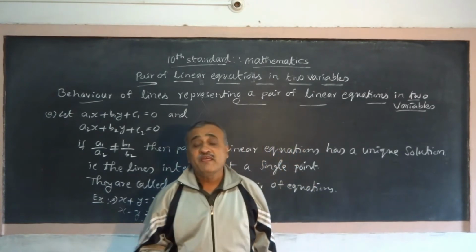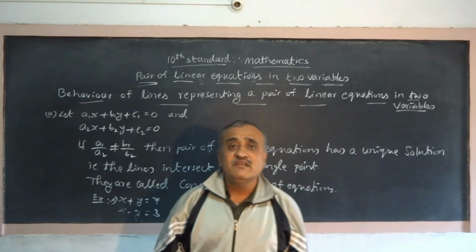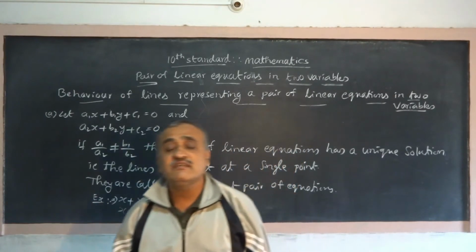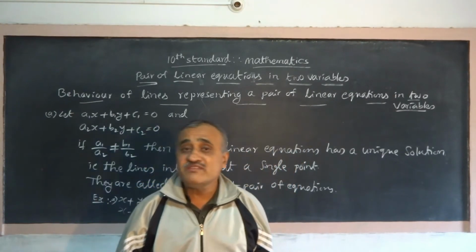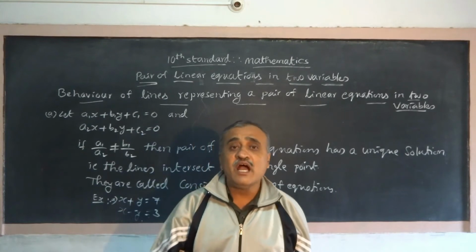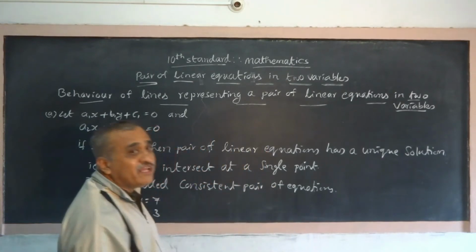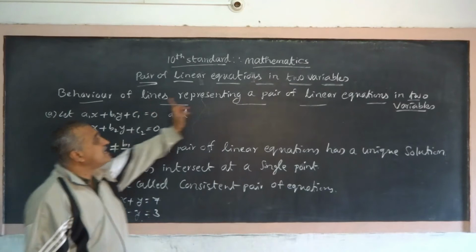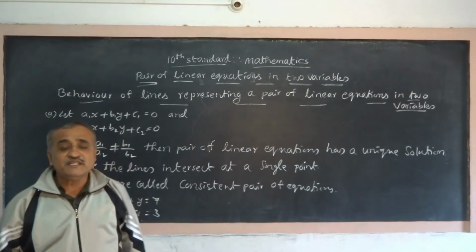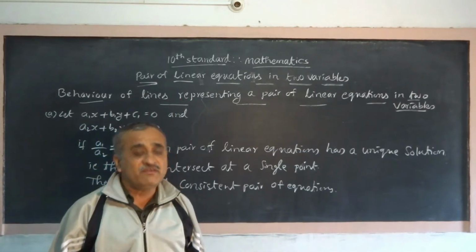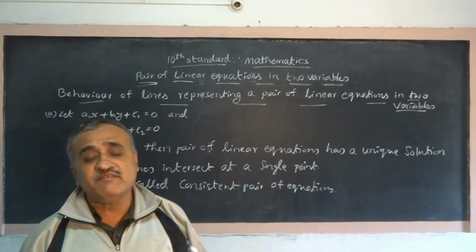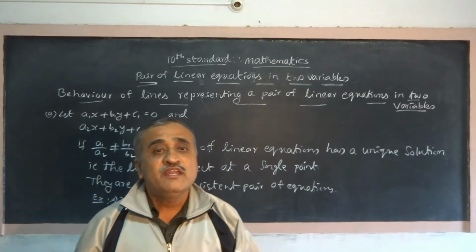Now let us see when it is consistent, when it is not consistent, and when it is coincident. We call this the behavior of lines representing a pair of linear equations in two variables.